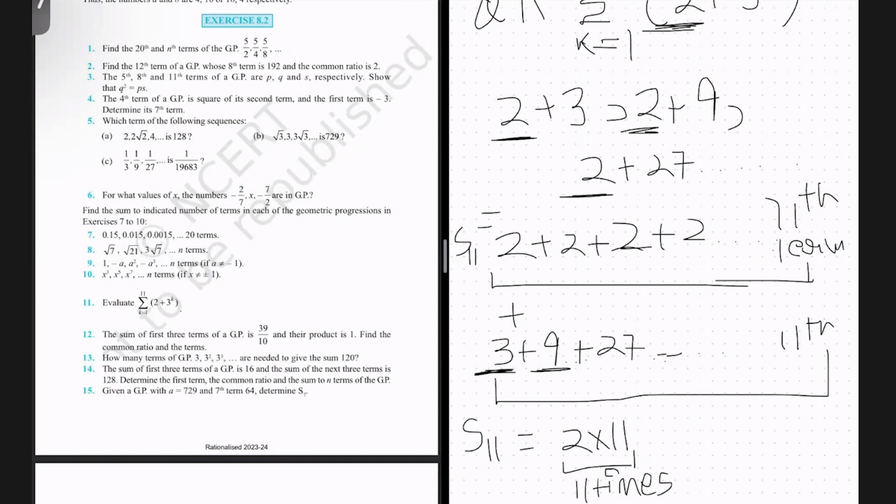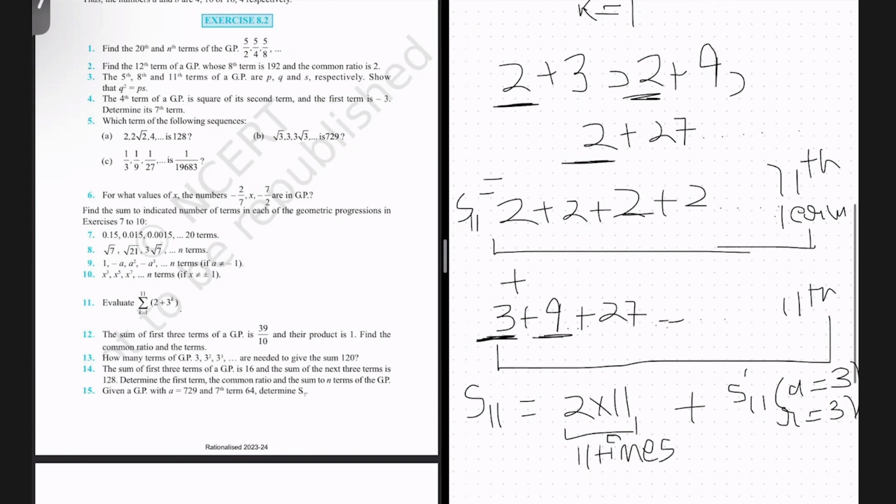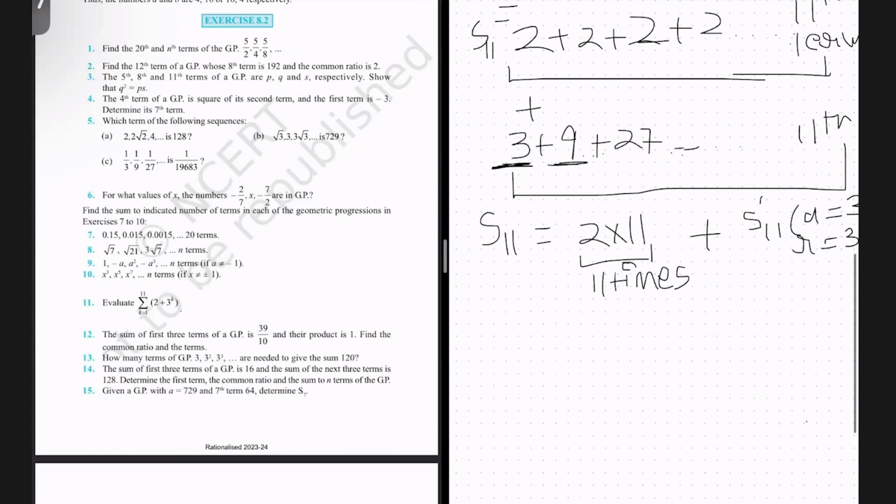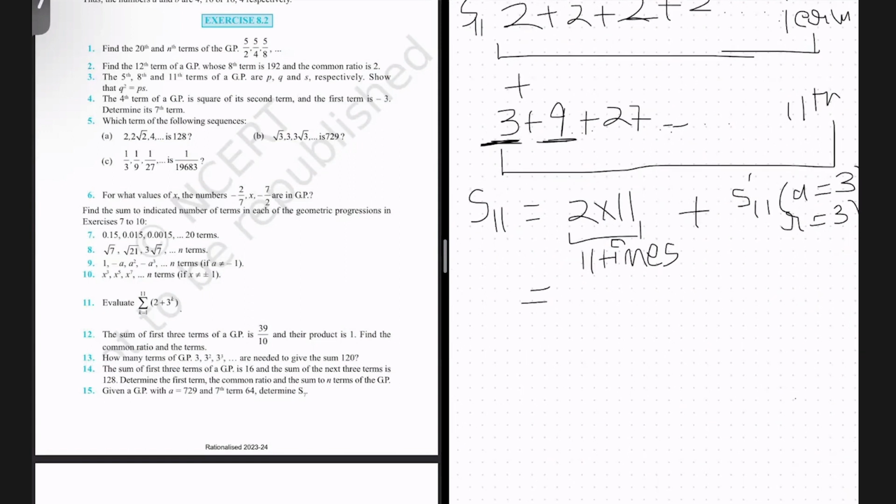plus S11 for the GP. A is equal to 3 and R is also equal to 3. Let us solve this, and that is how we are going to arrive at our answer, right? So here you have 2 into 11, and that is nothing but 22.